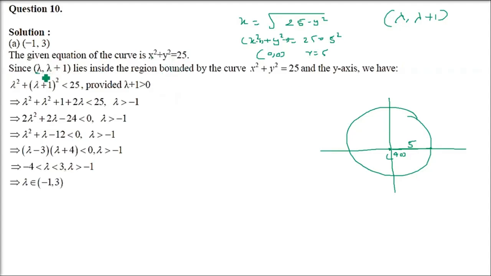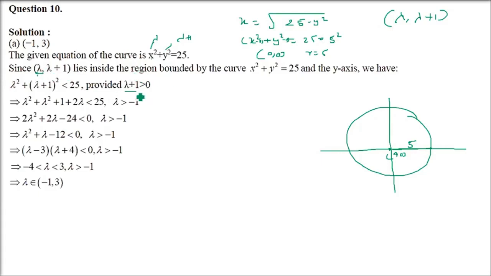Now in the equation x square plus y square equals 25, put x as lambda and y as lambda plus 1. It should be less than 25, because the point lies inside the region.